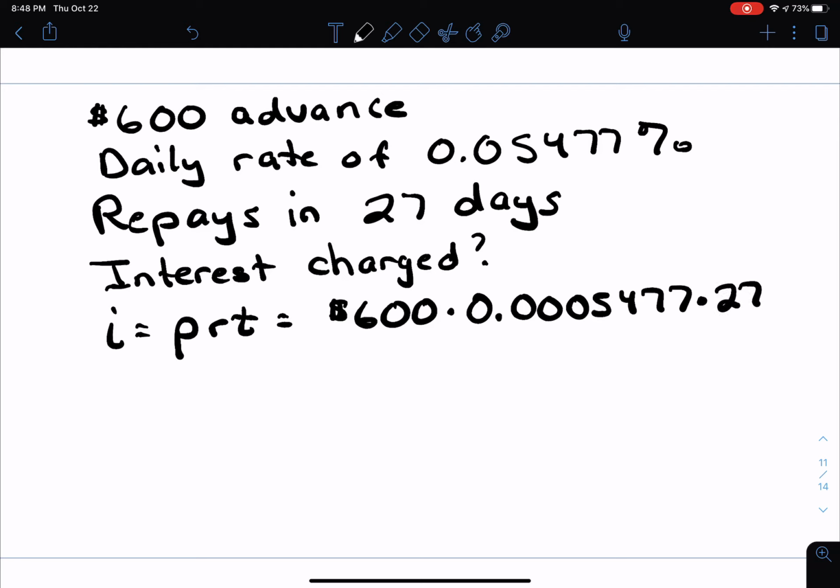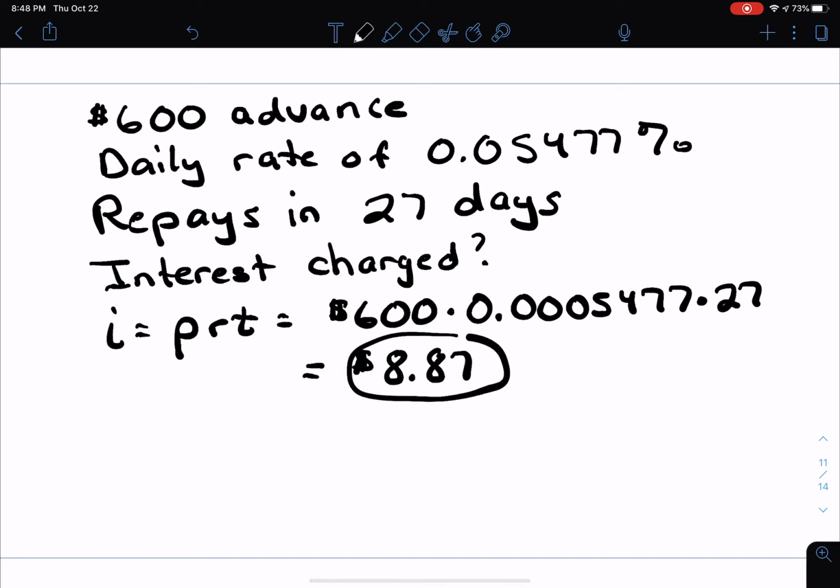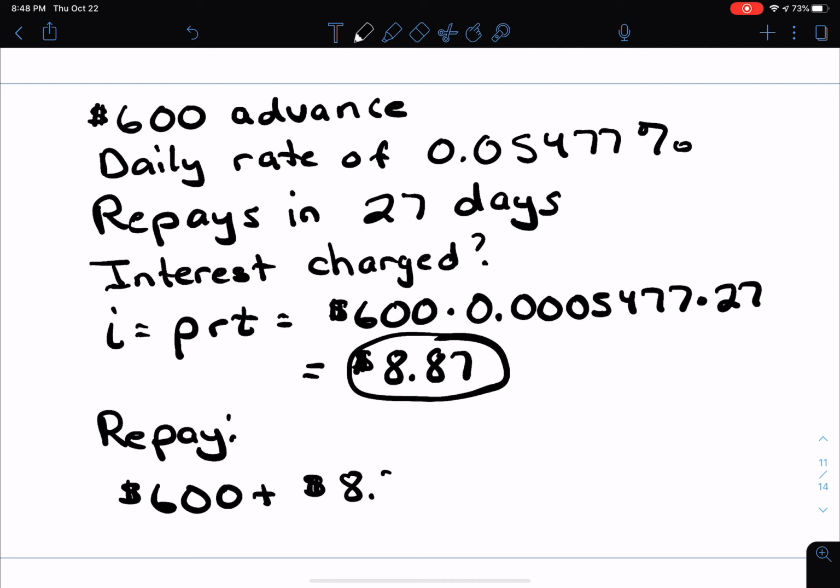It's so easy to trip up and use not enough or too many. All right, so then you multiply all that and you get $8.87. So that's the interest being charged on this little cash advance. So the person has to repay the $600 advance plus the $8.87 finance charge. So $608.87.